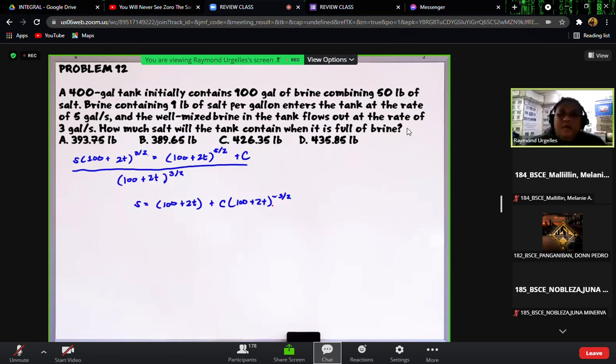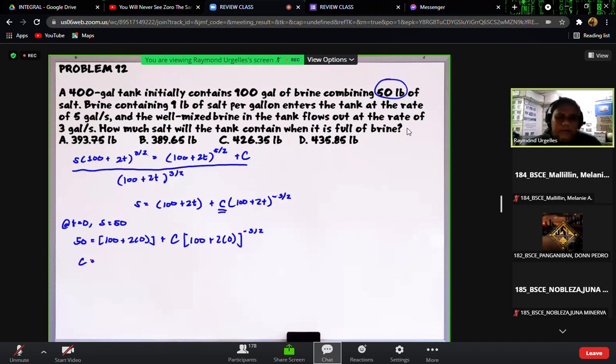So, ano yung next natin gagawin? We need to calculate the arbitrary constant. So, gagamitin natin yung isang condition natin. At t is equal to 0, alam natin na yung S natin should be equal to 50 pounds. So, substituting dyan, we have 50 is equal to 100 plus 2 times 0, plus C multiplied by 100 plus 2 times 0, raised to negative 3 halves.